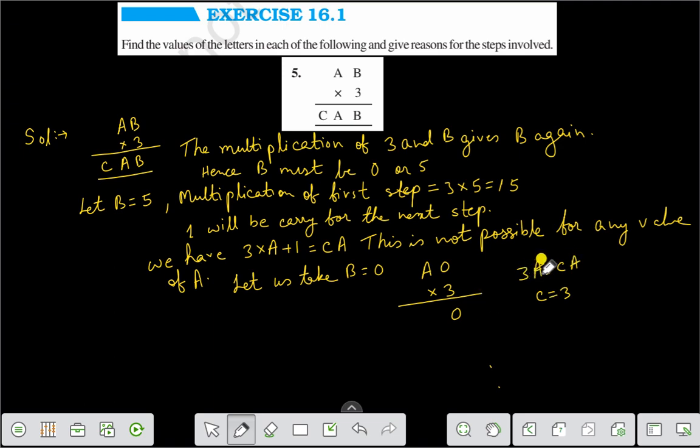Now here you see, we are getting the value like this, that is 3A is equal to CA.